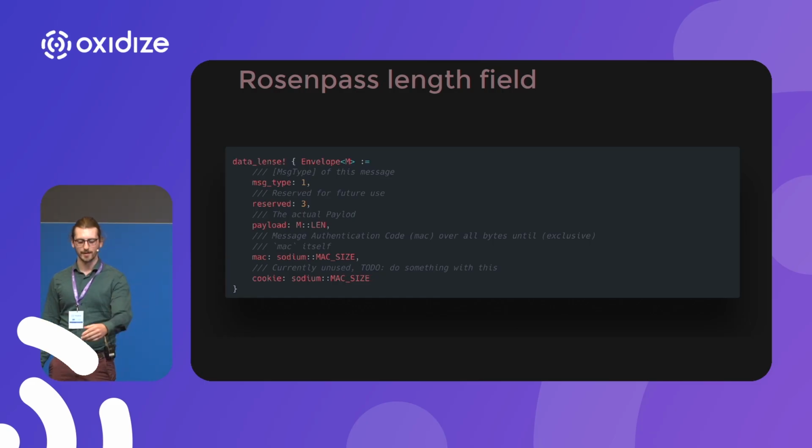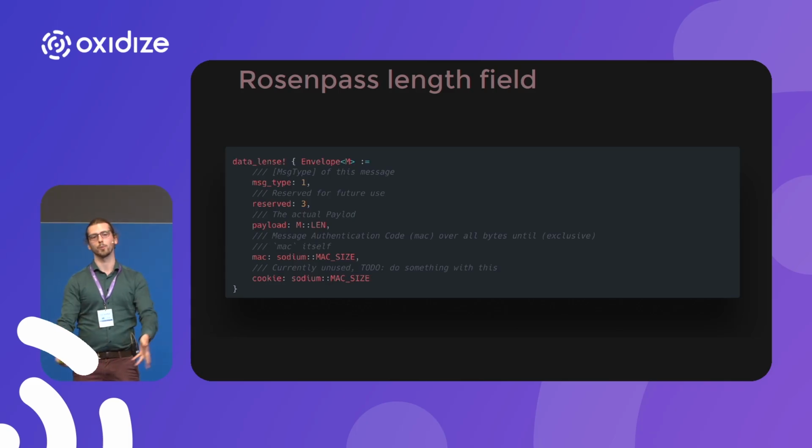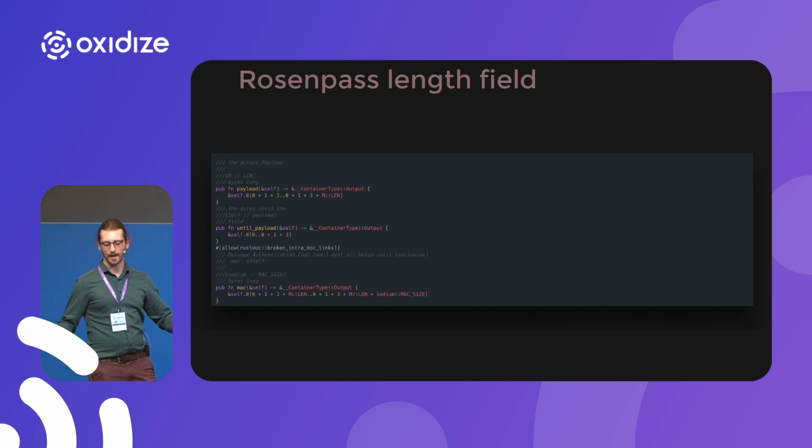So we're using this data lens macro, which makes it look like we're using structs, but isn't really. So this data lens macro, where the bug's actually happening, just indexes into a slice, basically, to get those fields out. So we're not performing any length checking here, which is also good, because we don't want to length check every time we pull a field out, because that would also hurt performance.